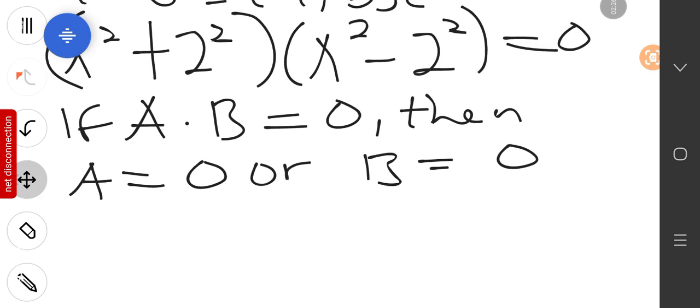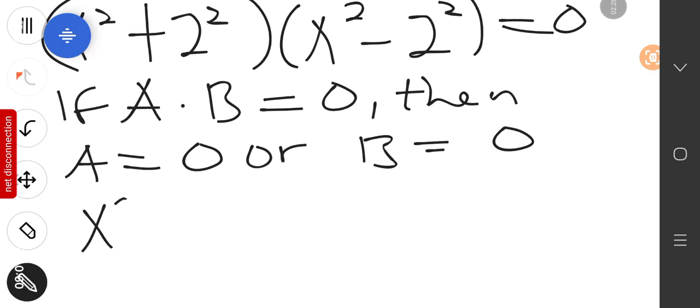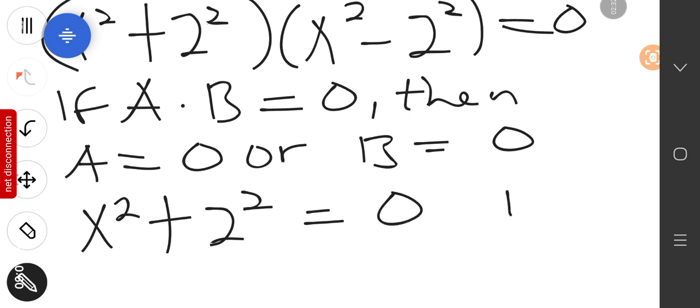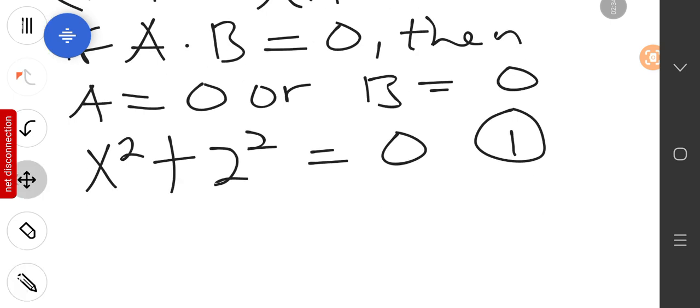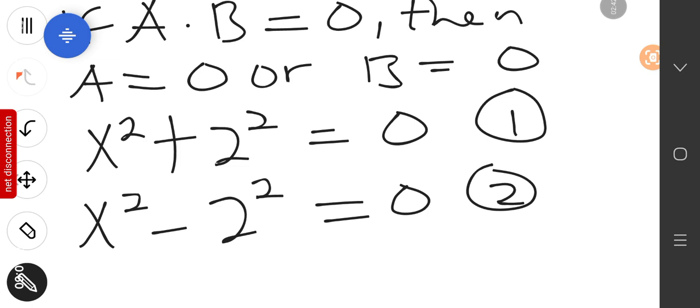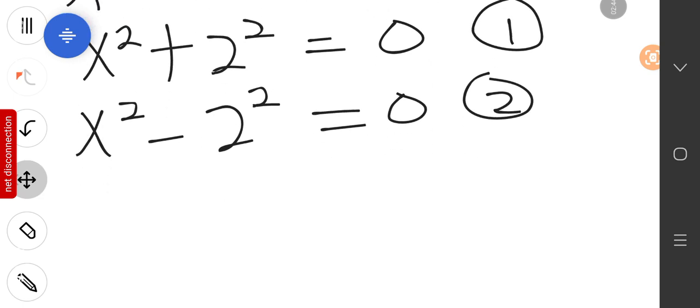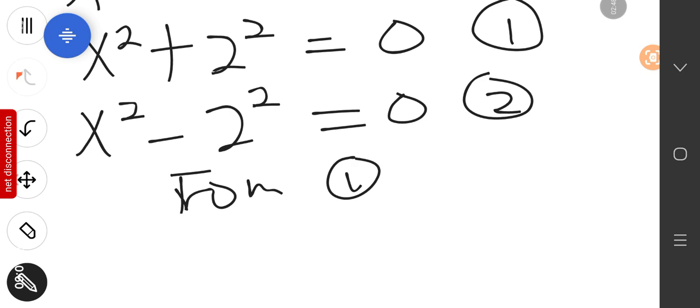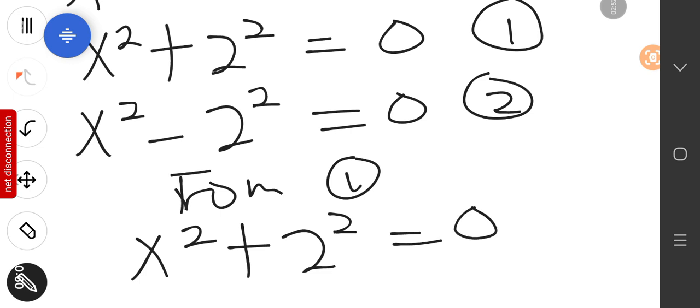Therefore, x^2 + 2^2 = 0, which we call equation 1, and x^2 - 2^2 = 0, which we call equation 2. Now let's solve equation 1.